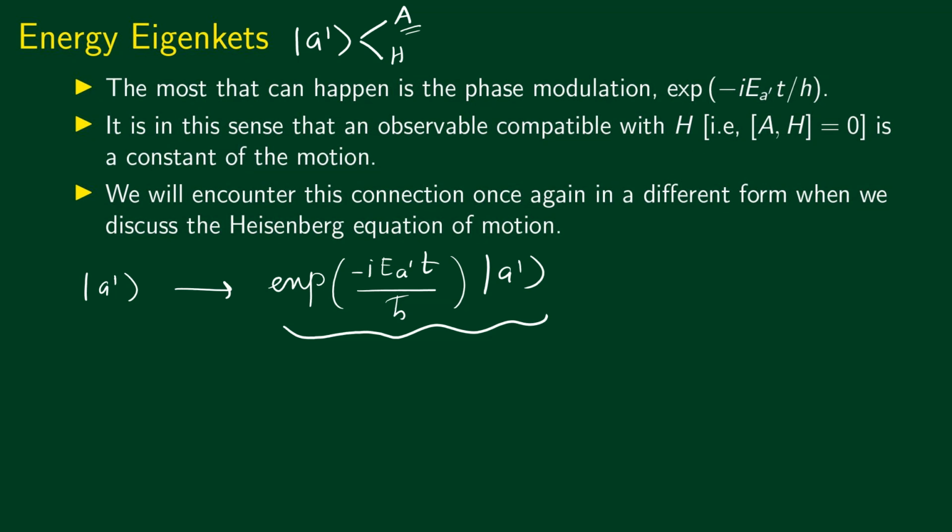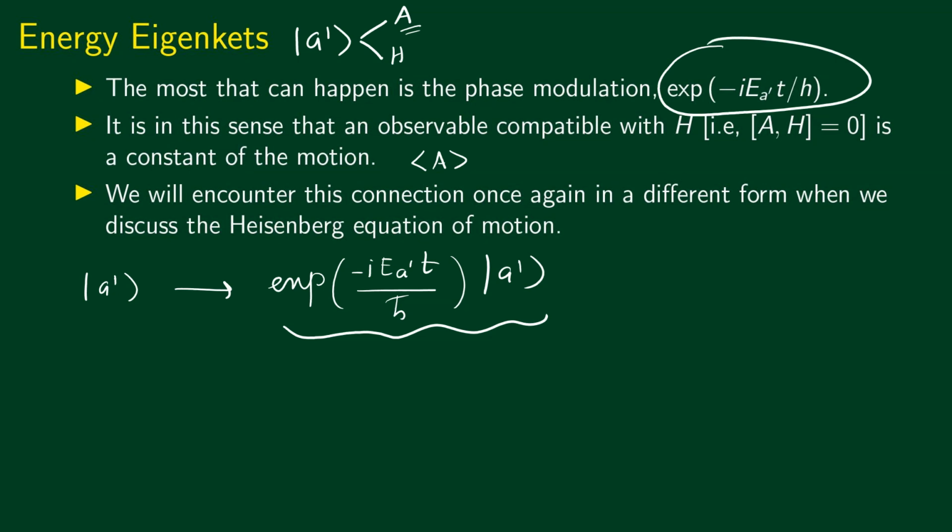Now, in the general case, we can also show that the expectation value of observable A will not change with time, because the individual probabilities do not get modified. Each expansion coefficient is just getting multiplied by a pure phase factor whose modulus is 1.